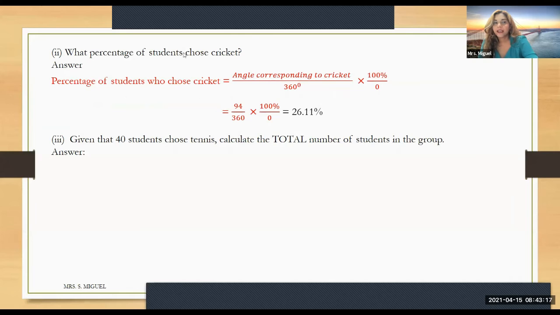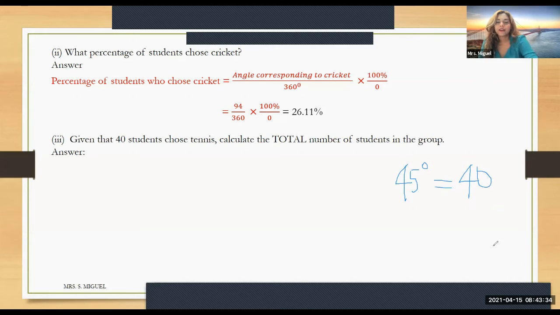So 45 degrees, this is the information that we know. 45 degrees represents 40 students.